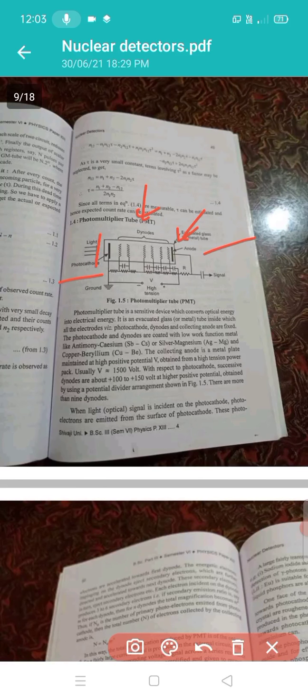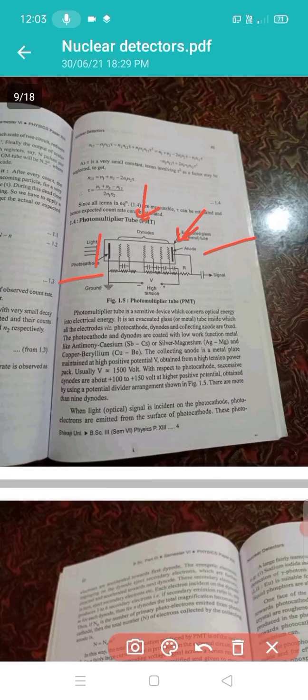The collecting anode is a metal plate maintained at a high positive potential, and the value of V is about 1500 volt. With respect to the photocathode, the successive dynodes are about plus 100 to plus 150 volt at a higher potential obtained by using a potential divider arrangement shown in the figure.